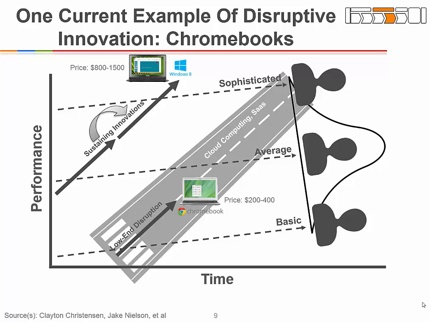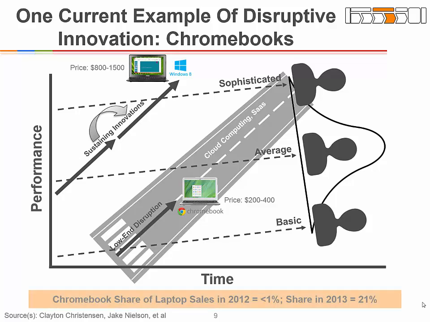And what's interesting is that as the Chromebook has progressed, its market share has taken off. For example, in 2012, the market share for Chromebook laptops was less than 1%. But in 2013, it jumped clear up to 21%. I haven't looked at the numbers for 2014, but I can only imagine that they've gone up as well.